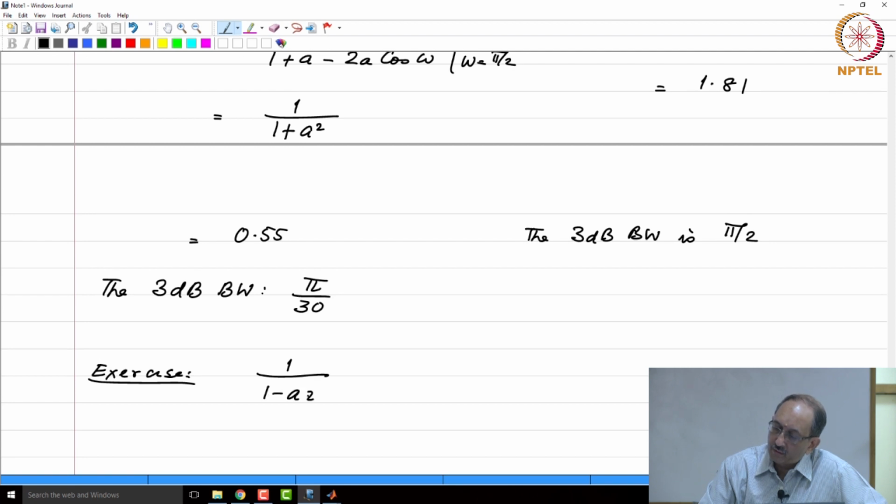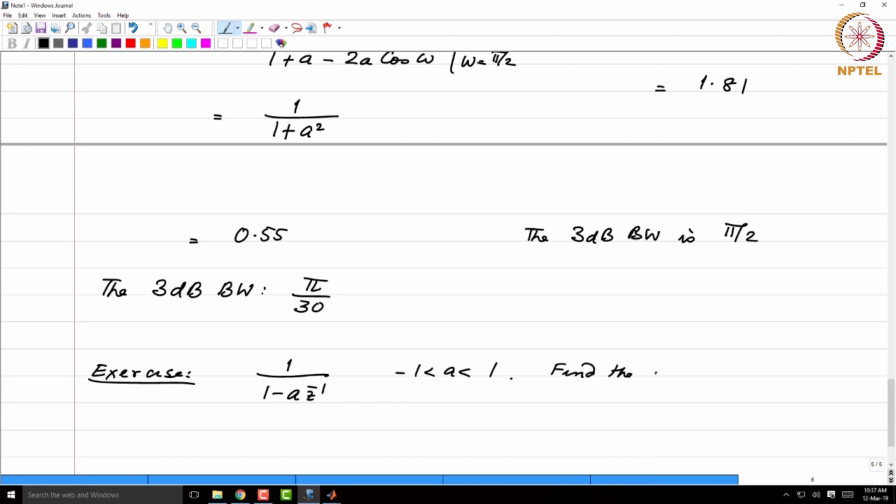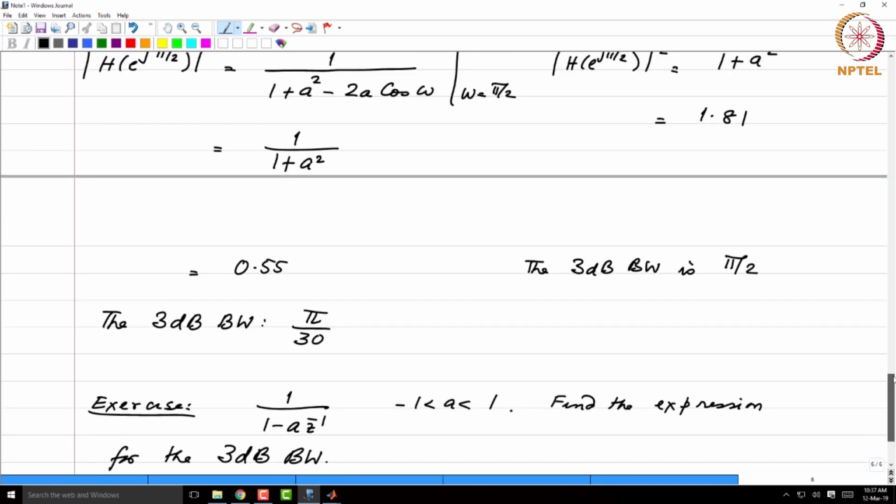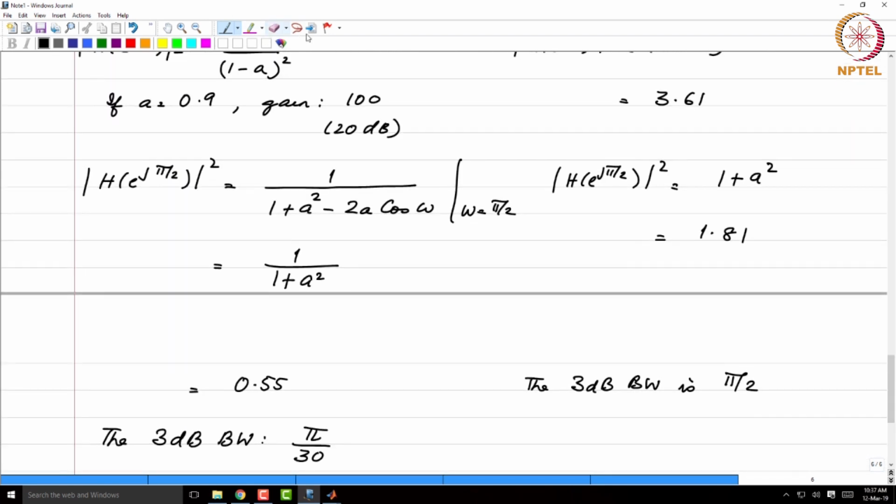So, 1 by 1 minus a z inverse. You have to find the expression for the 3 dB bandwidth. So, this is H of z. You need to calculate |H(e^{jω})|², and it is an expression like this.